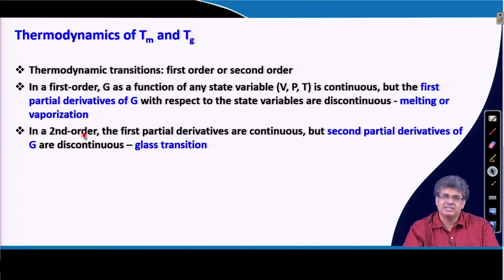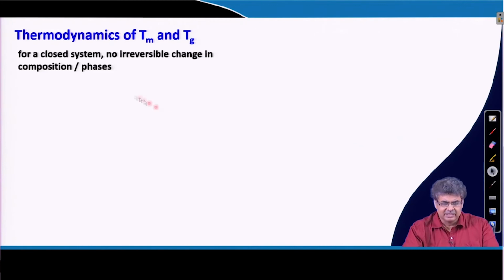The second order transitions are those where the first derivatives are not discontinuous, but the second derivatives are discontinuous. For example, the glass transition. I will discuss this more quantitatively in the next slide.